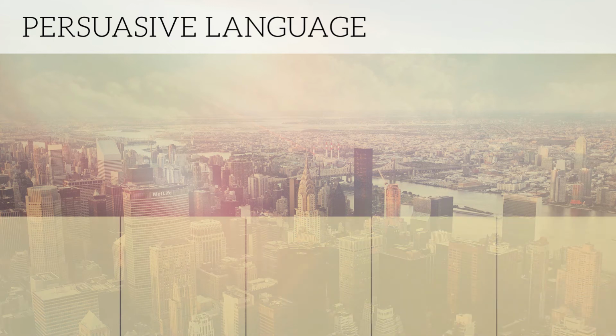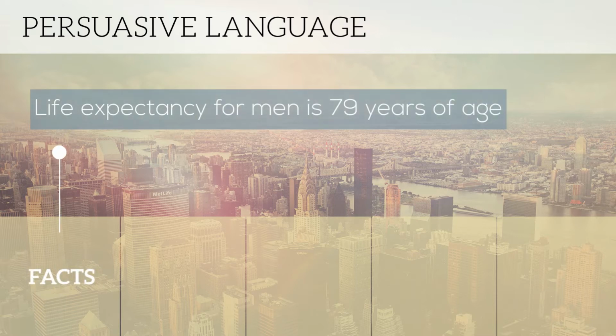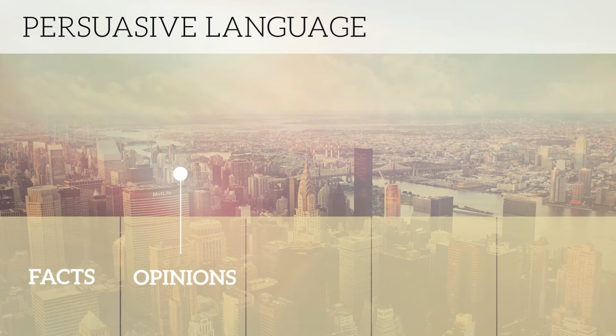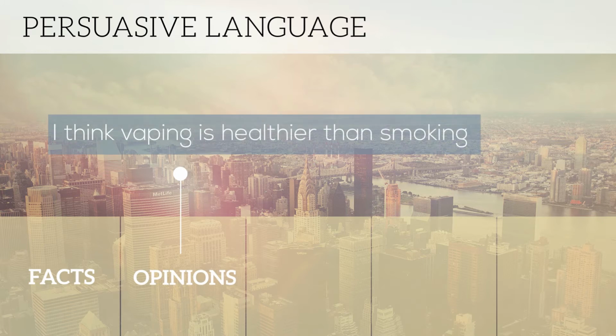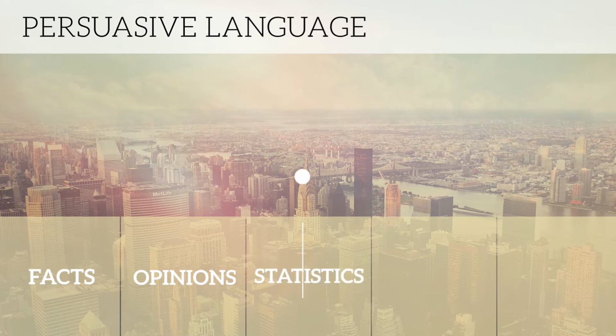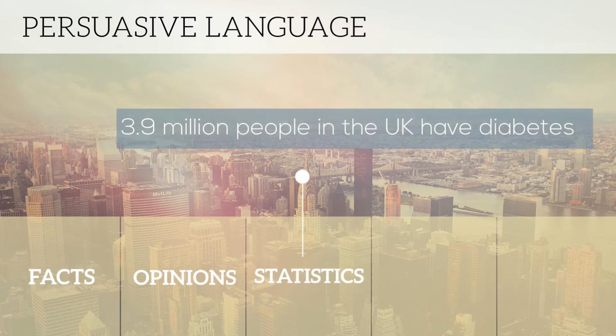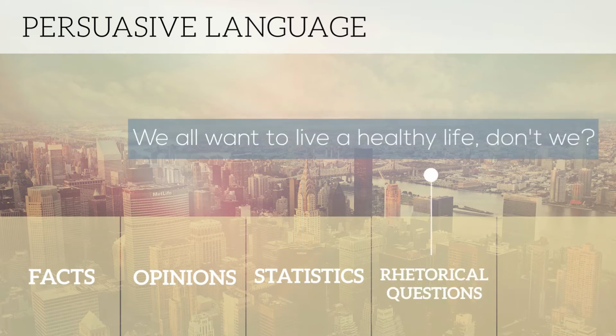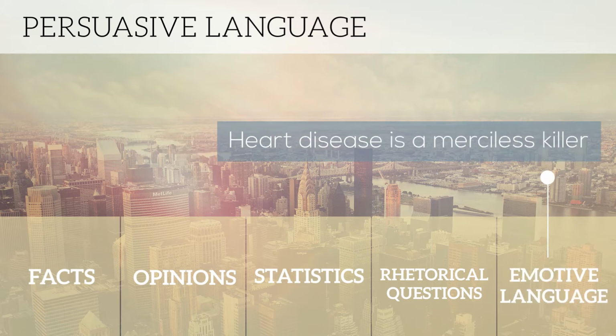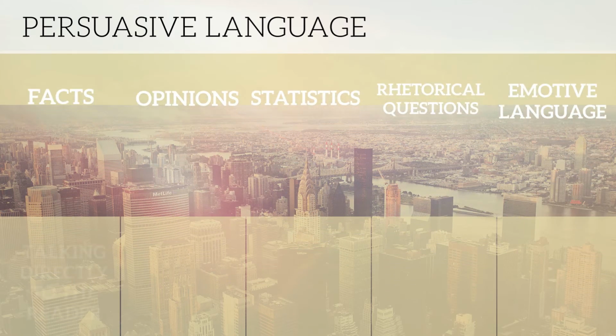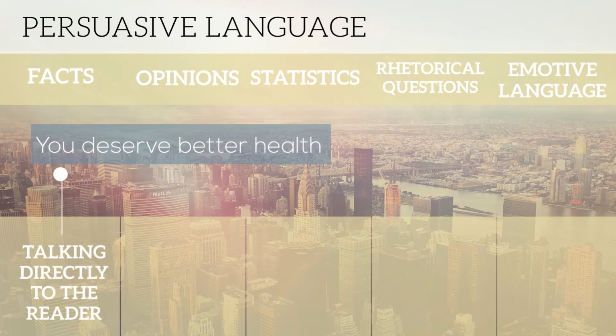We can include the following things, for example, in our writing: facts, opinions, our own or the opinions of experts, statistics, rhetorical questions, emotive language, and we can talk directly to the reader by addressing them as you or by using the word our.